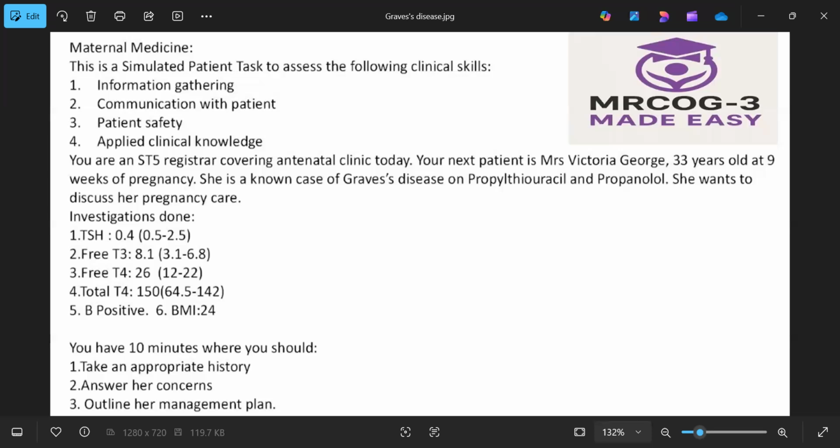So you are taking the medications called propylthiouracil and also propranolol. He will review them and adjust the dose, and they will give you medications which are safe in pregnancy, at the lowest possible dose, because these drugs also can have some side effects.